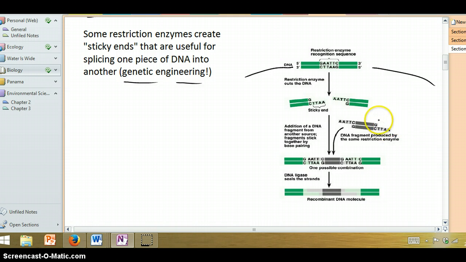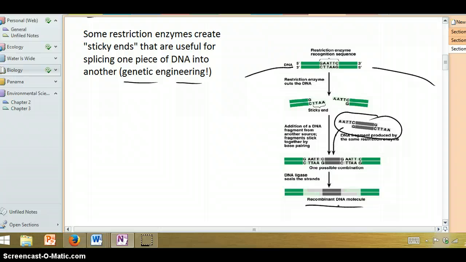Well, if we take a piece of DNA from some other individual or even some other species that has also been cut with the EcoR1 restriction enzyme, notice the sticky ends match up, and so you can splice one piece of DNA into another, and you create what you would call recombinant DNA. You have recombined two pieces of DNA. And this is a very common thing that's done in genetic engineering.